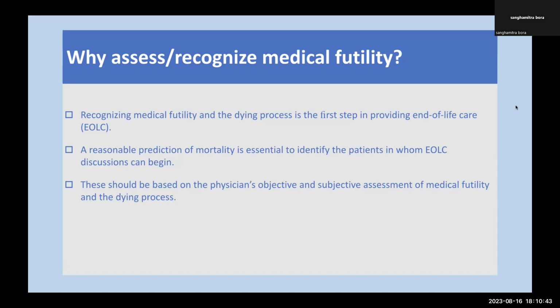Unless you start with a prediction of mortality, you will not be able to start the discussion itself. And if you cannot start discussing, you will not be able to initiate end-of-life care. These should be based on the physician's objective and subjective assessment of medical futility and the dying process.